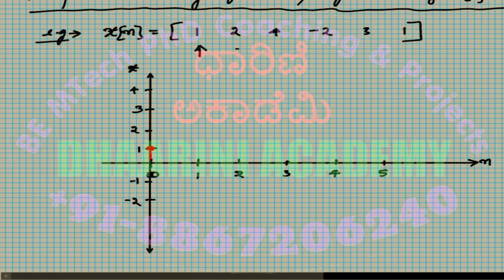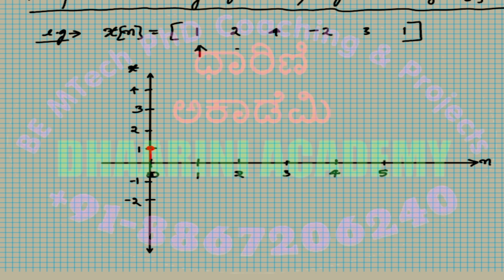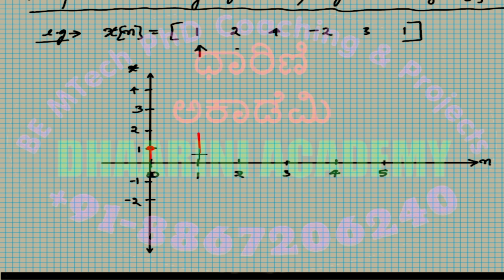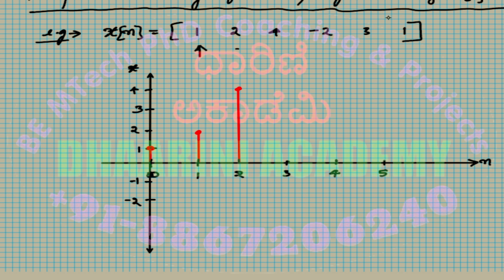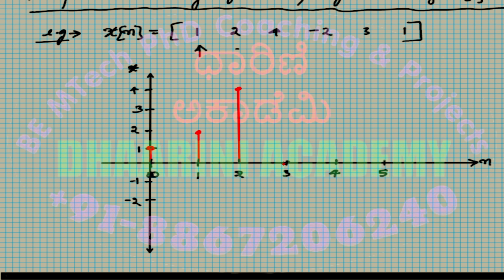Then at 1, the amplitude is how much? The amplitude is 2, right? So this is the function. At 2, the amplitude is 4. Okay, so this is the plot. Then at 3, it is -2.